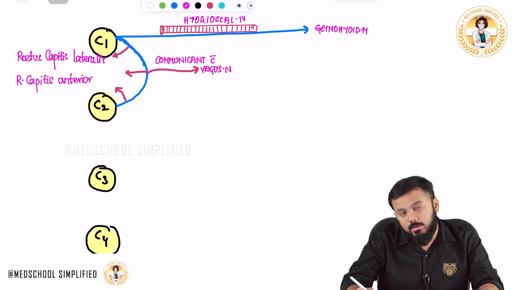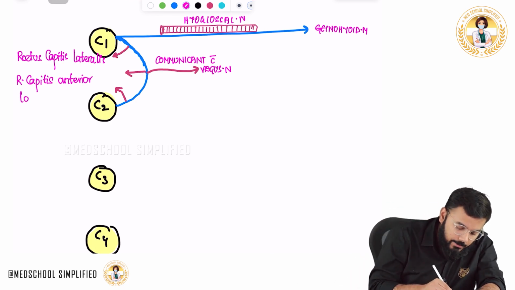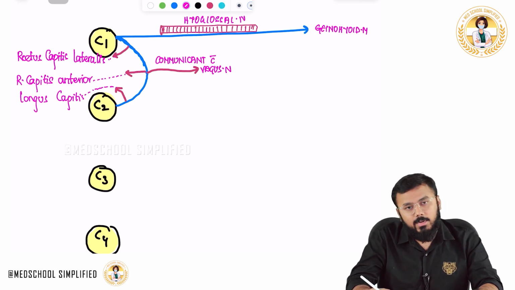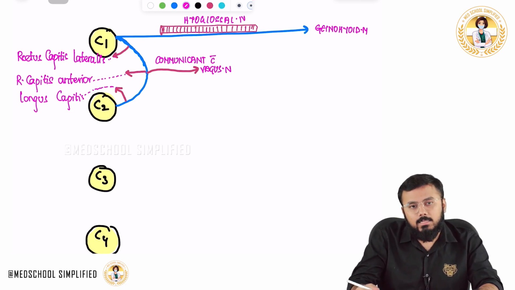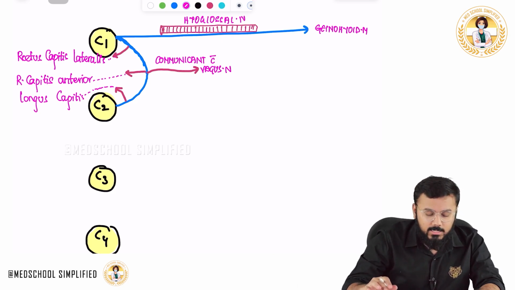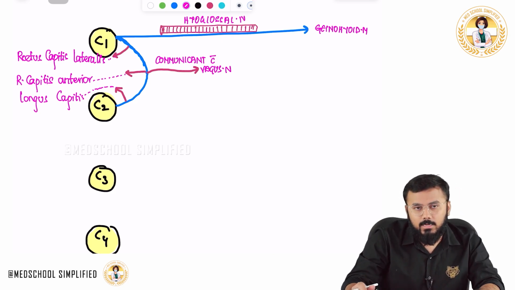It also gives innervation to a third muscle called longus capitis. So this is one muscle, this is a second muscle, and this is a third muscle. Okay, rectus capitis lateralis, rectus capitis anterior, as well as longus capitis. Okay, so these are the branches that are given between C1 and C2.